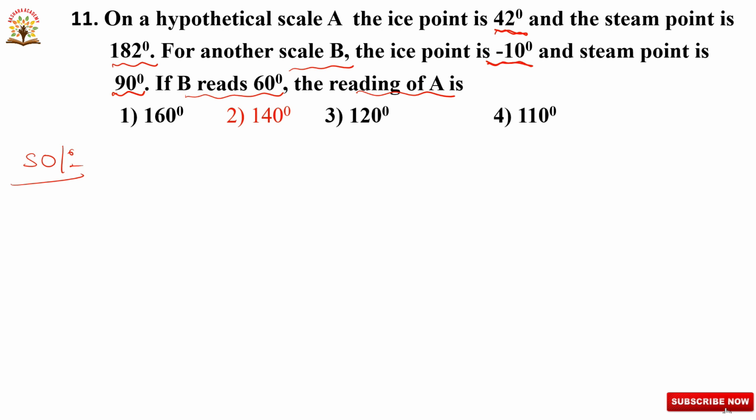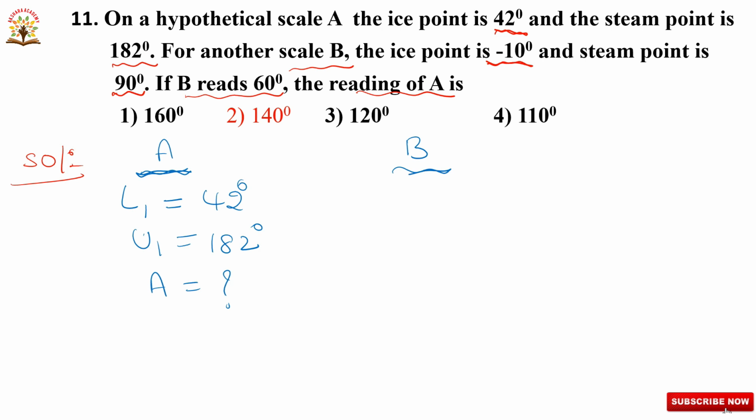For the scale A, we are assuming that the lower and upper fixed points are L1 and U1. L1 is equals to 42 degrees and U1 is 182 degrees. Here the reading of A we have to calculate.